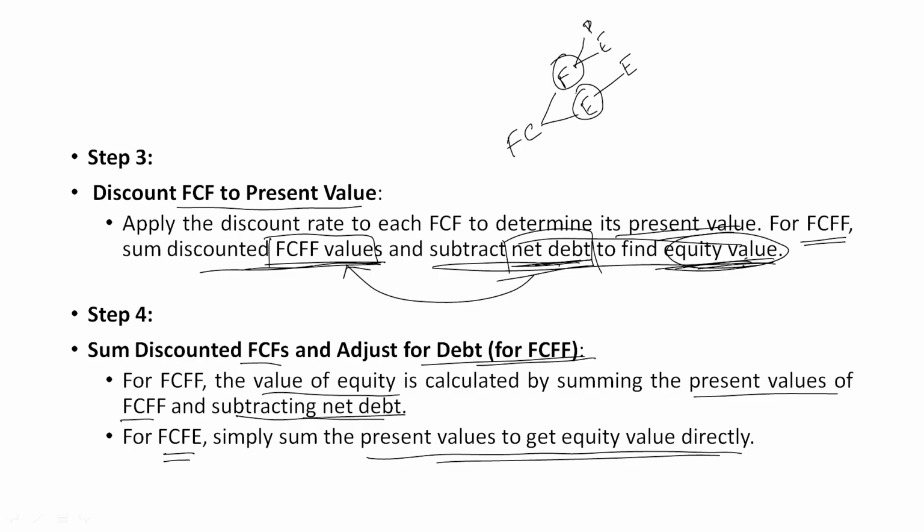So for the firm, when I'm talking, it says the firm's capital is made up of both debt amount as well as equity amount, and that is the reason why we need to subtract the net debt from the overall thing, so that I can find out what is the free cash flow for the firm.